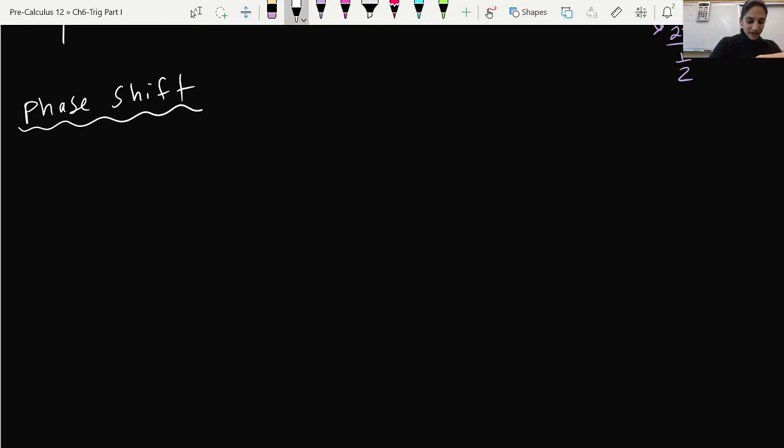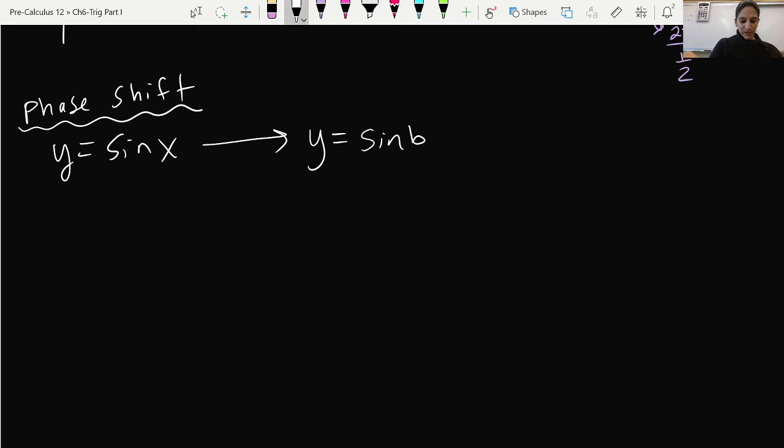If we have, for example, y equals sine x, which is always our basic function, but we take a look at the impact of this phase shift, it would be, for example, y equals sine of b, so I'm throwing that in there as well, x minus c.